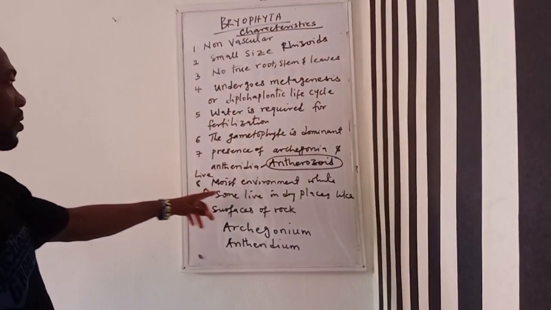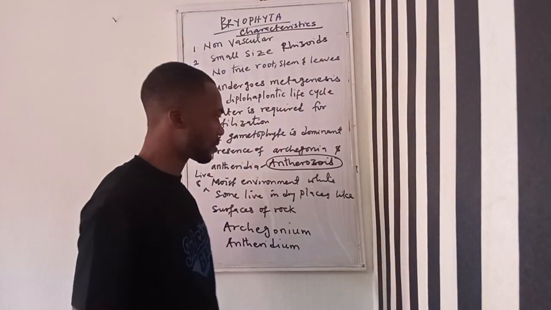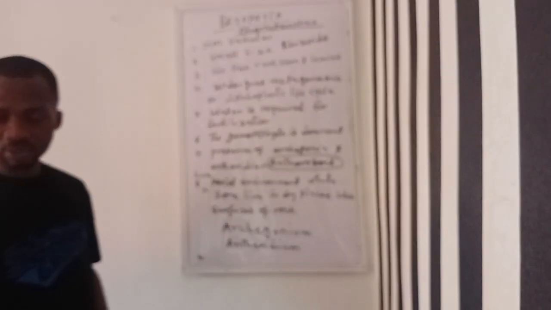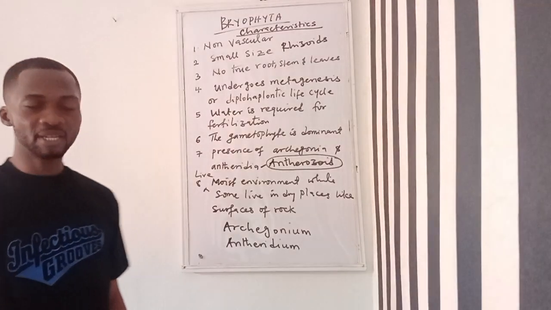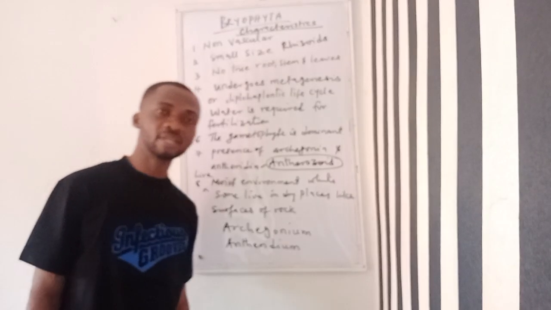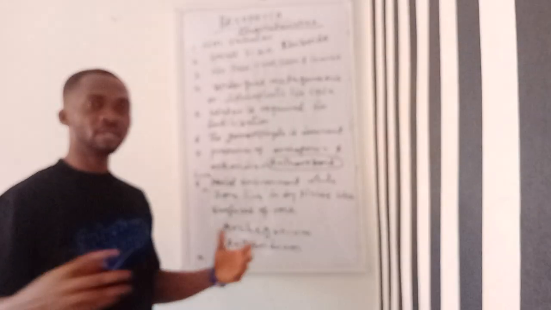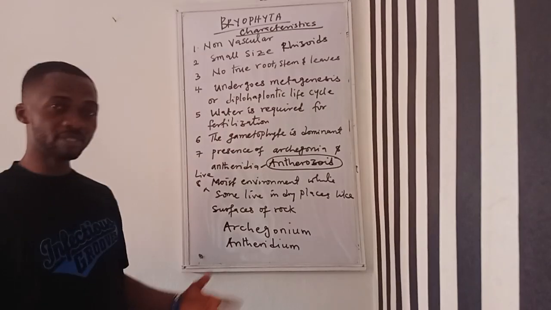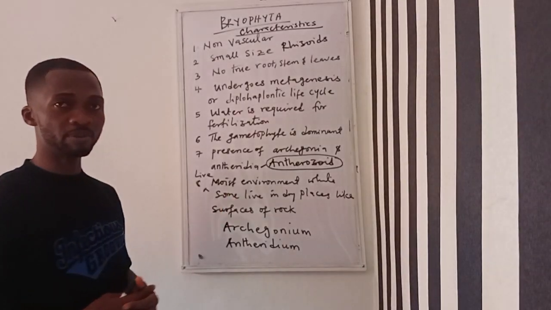Then the next one is moist environments. While some live in dry places like surfaces of rock, majority or most members of Bryophyta live in moist environments. They live in environments that are wet or moist, as the case may be.